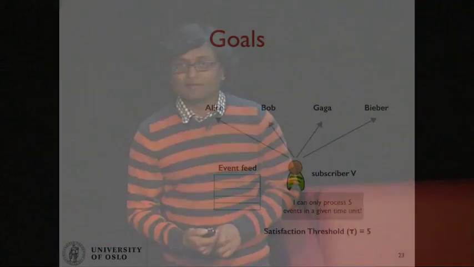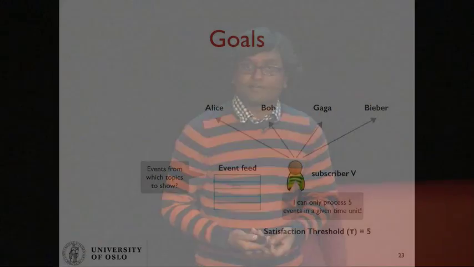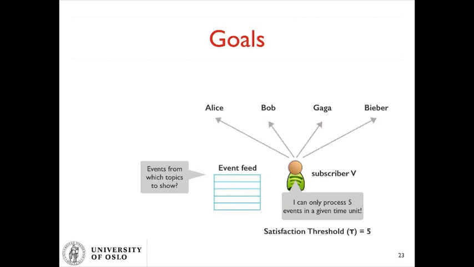So coming back to the same example earlier, there's a subscriber who has a specified satisfaction metric. And now we have a limited real estate where we want to show the notifications for the subscriber, relevant to the subscribed topics, of course. You can imagine various ways to fill this real estate.